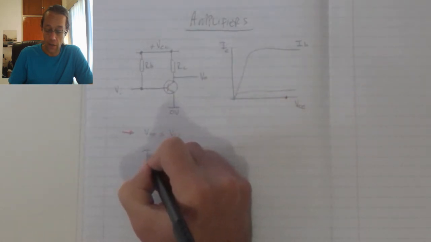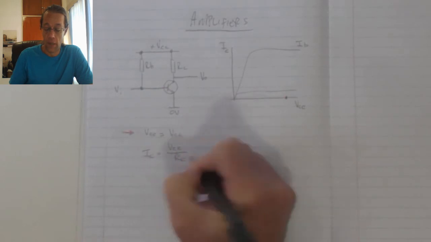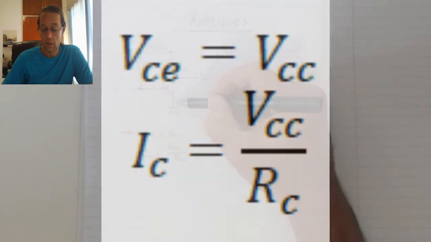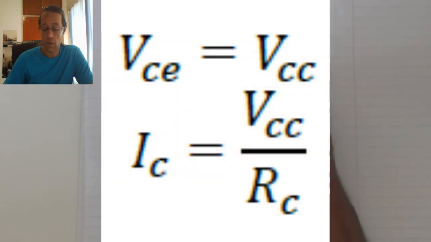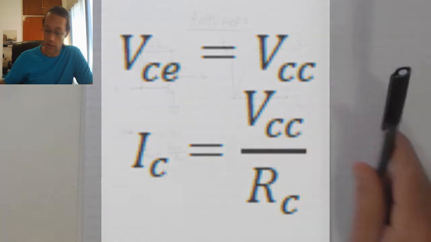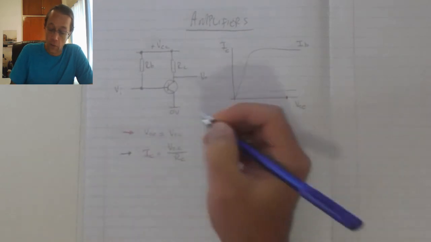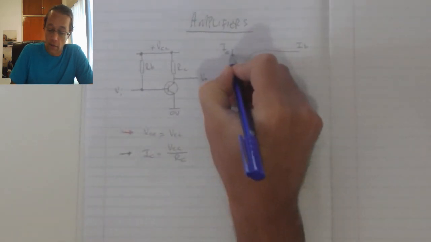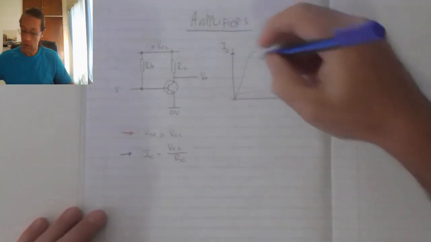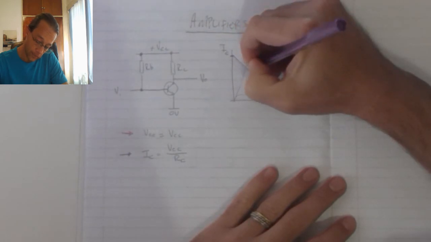So the formula is IC is equal to VCC divided by RC. Now, if we add resistors below, emitter resistors and such, then we need to incorporate those values into this formula as well. So this point over here will be indicated somewhere on my vertical axis over there. And by joining those 2 points, I will get my load line.